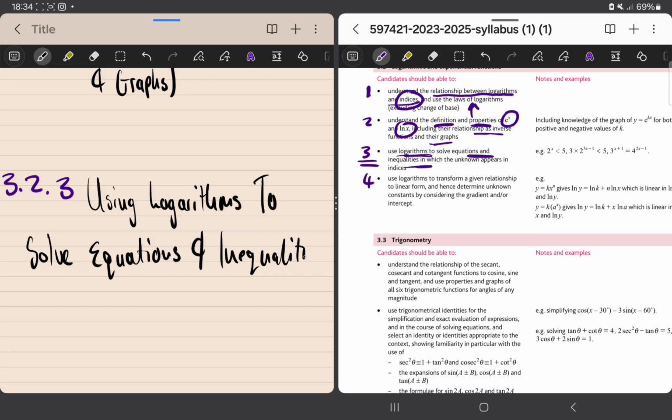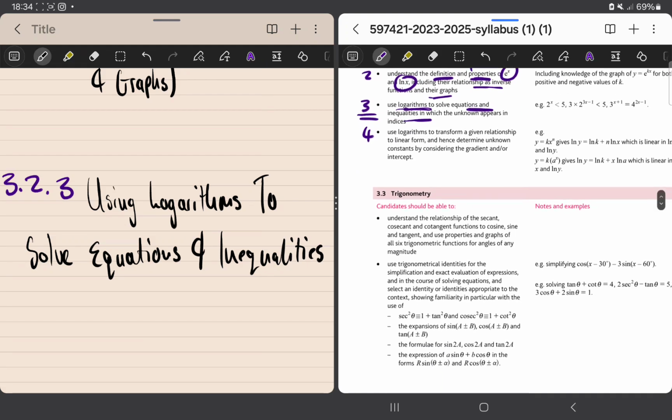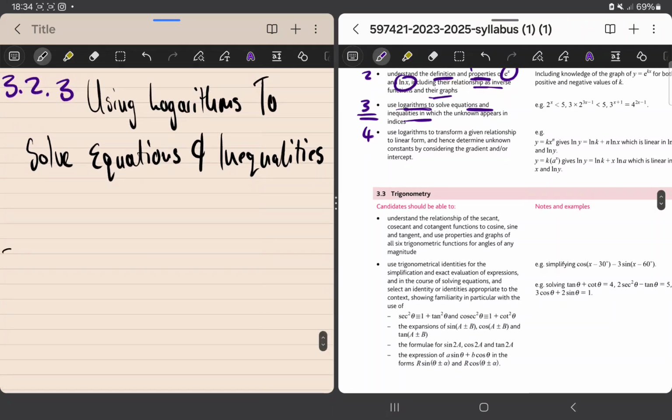We are going to see how we work with these. You end up seeing some type of equation that we will call a logarithmic equation. There is an equation where we introduce a log, and there is an equation where the log is already there. We'll talk about it. But let's go to 3.2.4, which is the last thing.